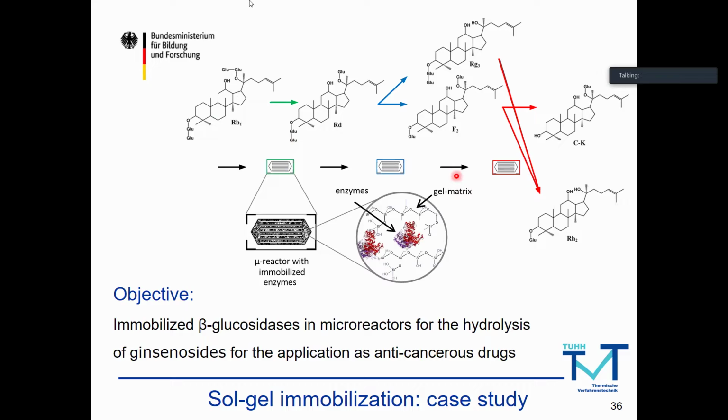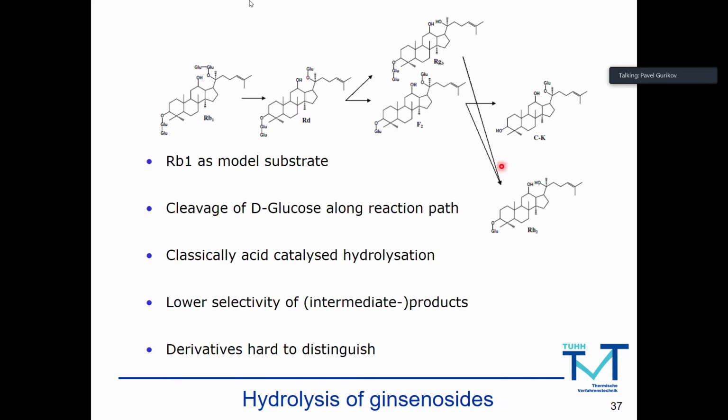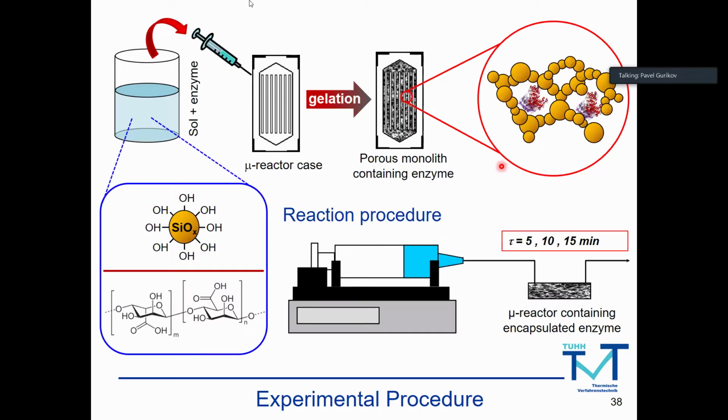So basically what you get at the outlet of your reactor is the stream, which you then analyze with HPLC and see what sort of products you get.